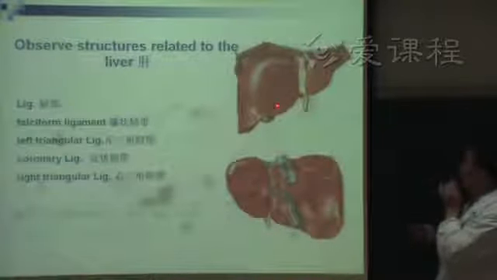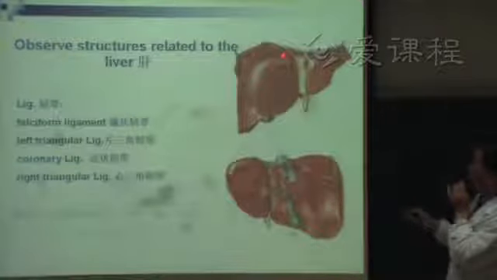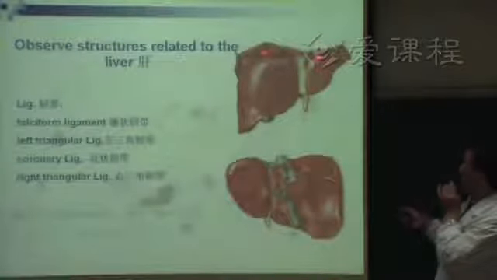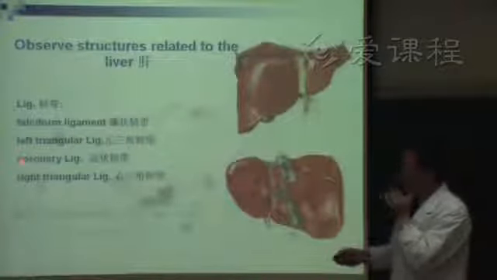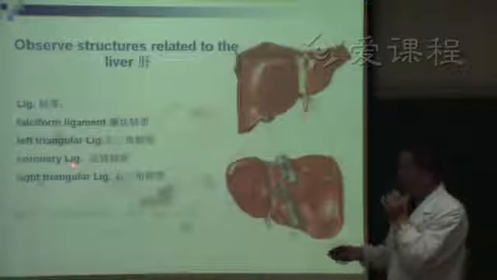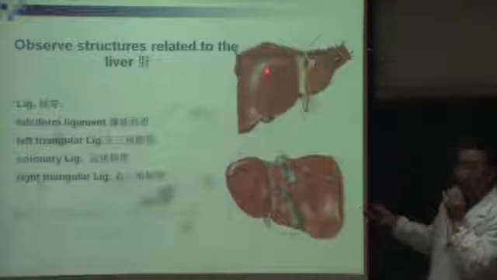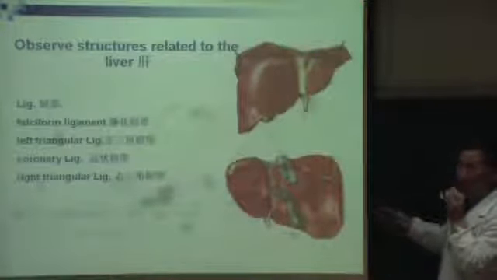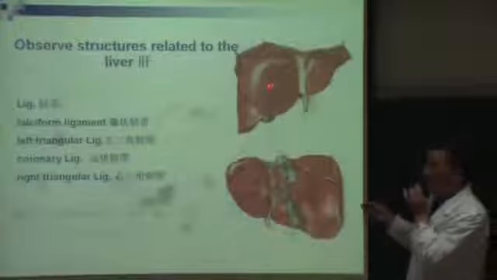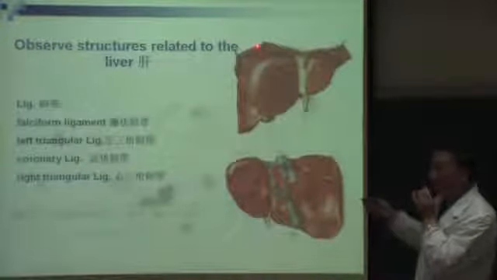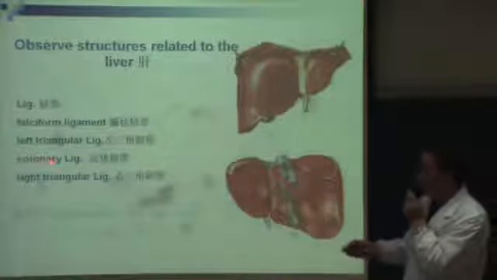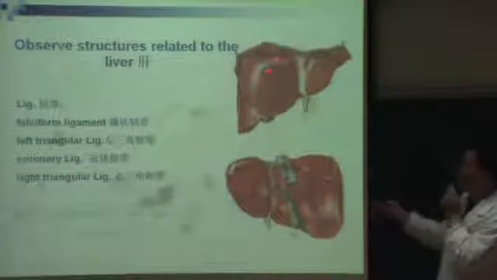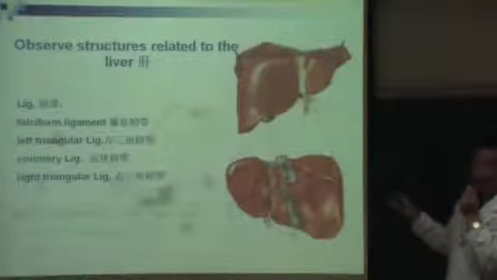And then in the superior posterior part, you can touch the coronary ligament here. You should insert your hand between the liver and the diaphragm. Your fingertip can touch the coronary ligament, right and left.